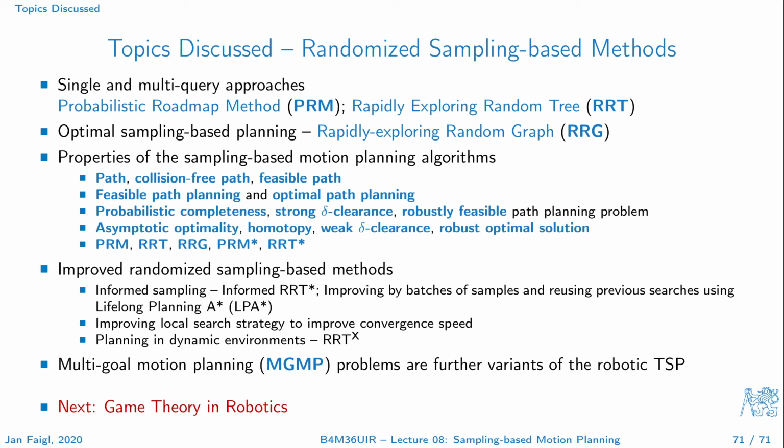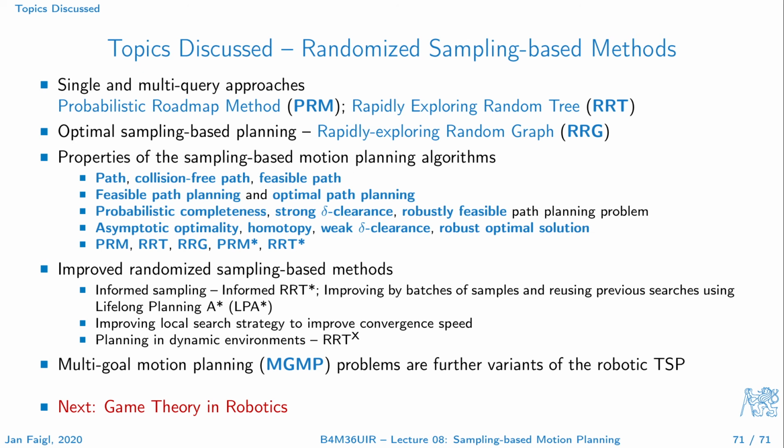You should consider that there are improvement algorithms for randomized sampling-based methods. It is Informed RRT star that uses some estimates, some heuristic, to actually reduce the sampling space. You can improve the performance by batches of samples and reusing the previous search using lifelong planning A star.